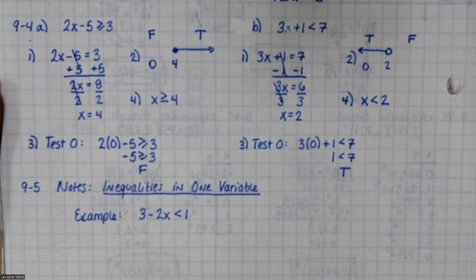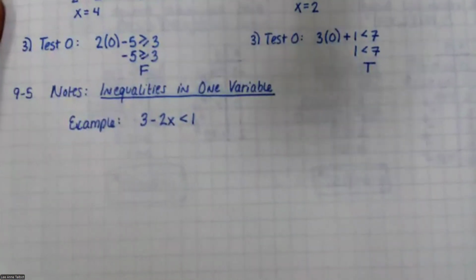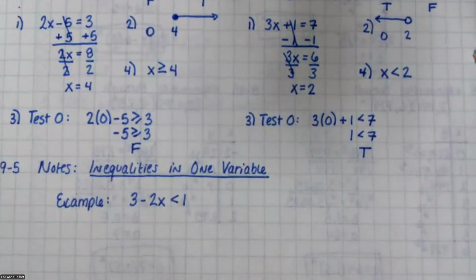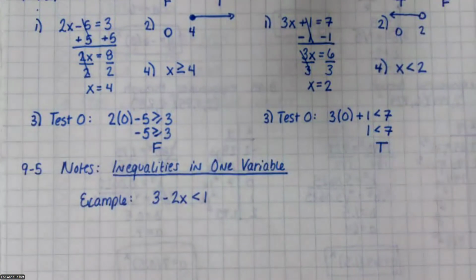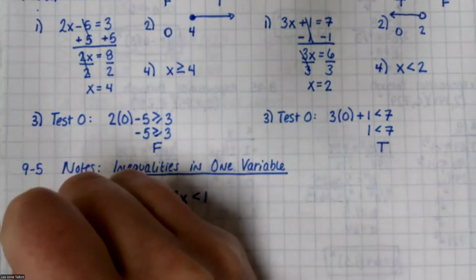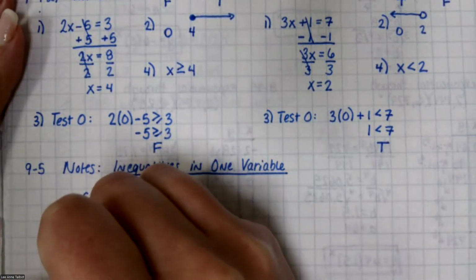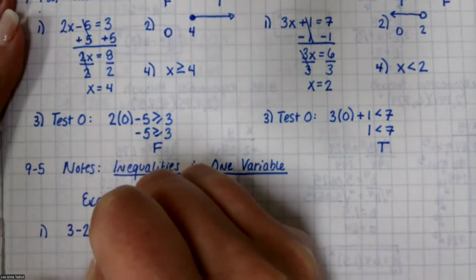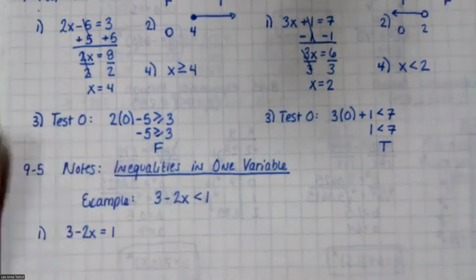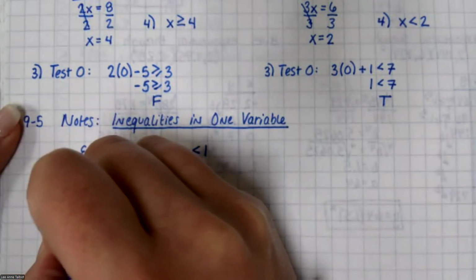Okay, we have one more, and then we're done. Okay, step 1. Pretend you have equals 3 minus 2x equals 1. Minus 3.